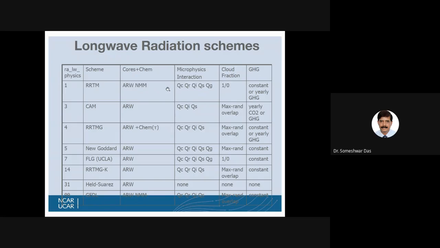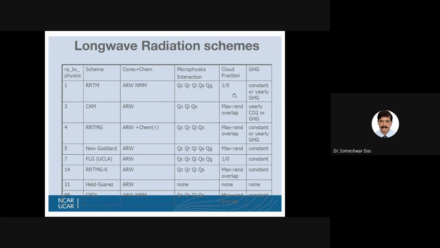For the cloud fraction, it only has a yes or no option. If it is 1, you are allowing the cloud fraction to form; no means 0. And for the greenhouse gases, whether they are allowed to vary or are fixed.